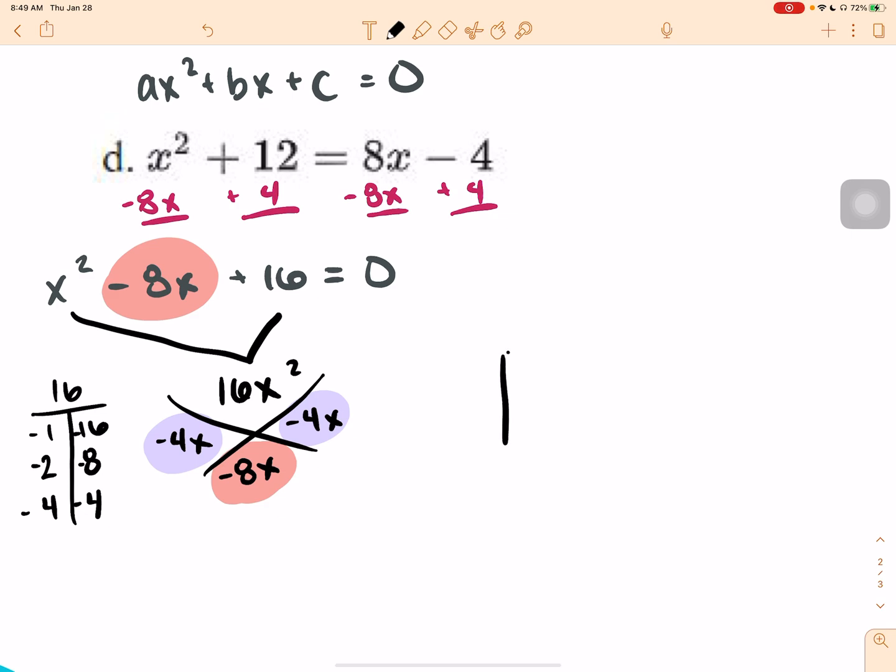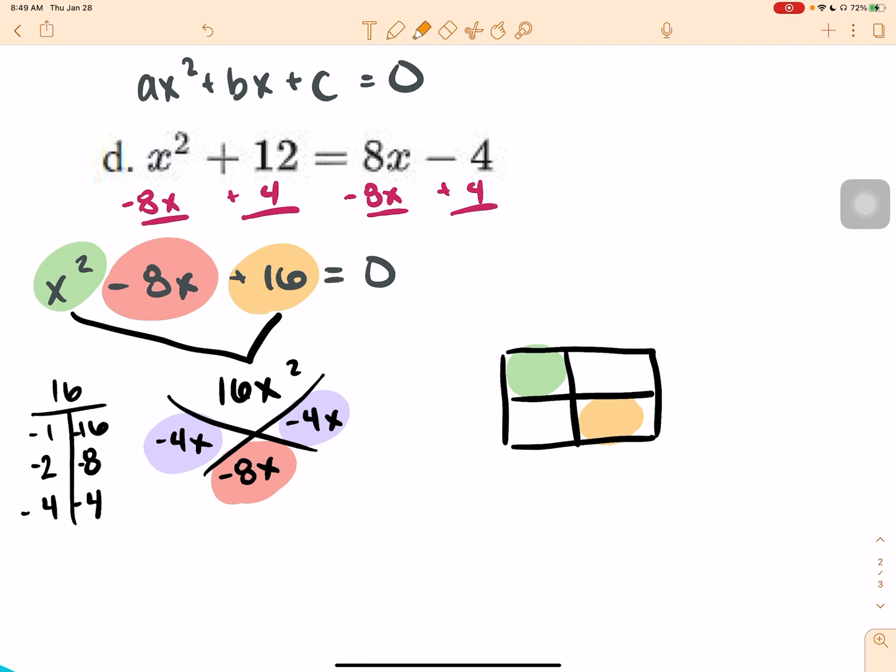Okay, so here if we go and do the area model, I'll go and color code again just in case it helps you. The A term and the C term go across from each other. And then my factors also go across from each other diagonally. So I have x squared, 16, and then in here negative 4x and negative 4x.